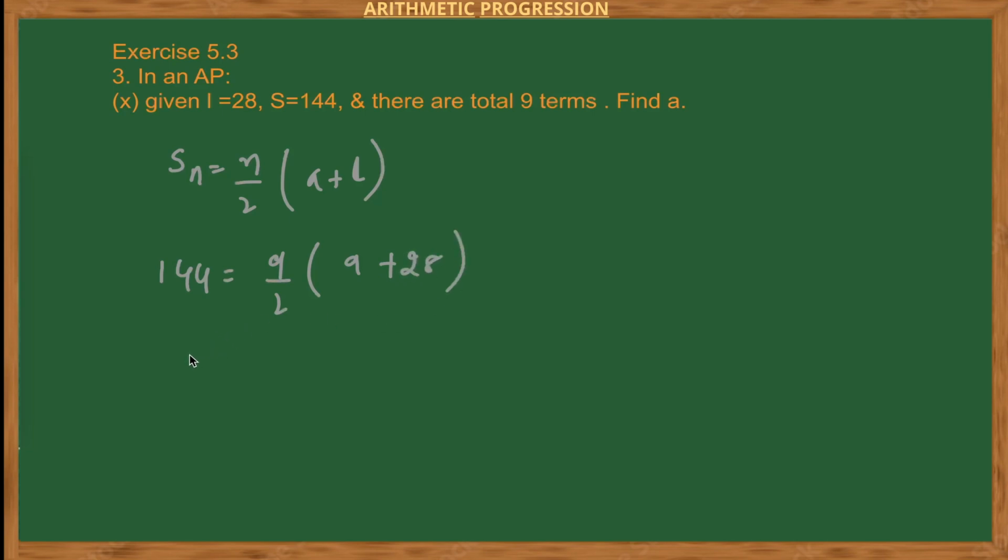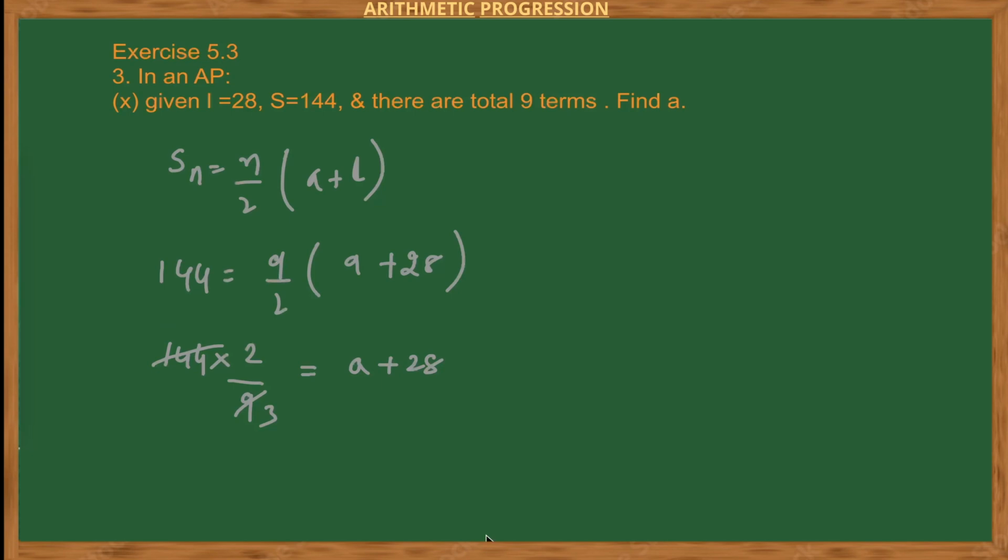So 144. Let's multiply, it becomes reverse. 144 times 2 by 9 is equal to A plus 28. Does it go in 3's table? 3 3s are 9, 3 4s are 12.